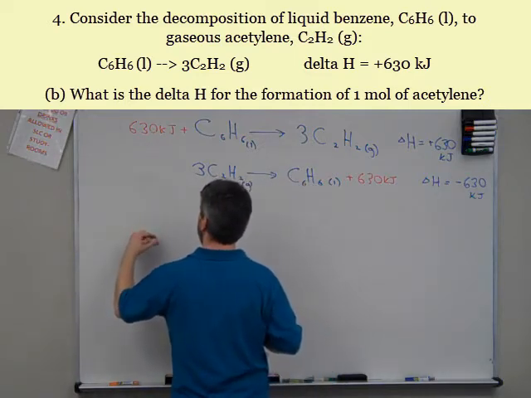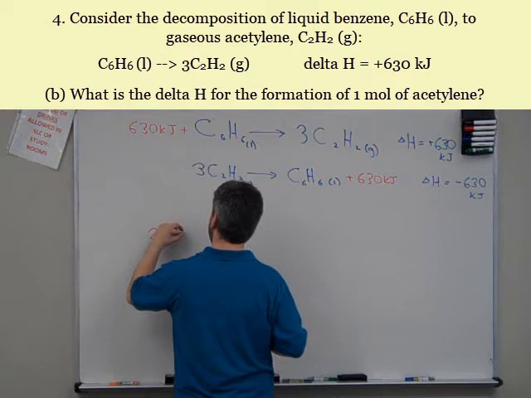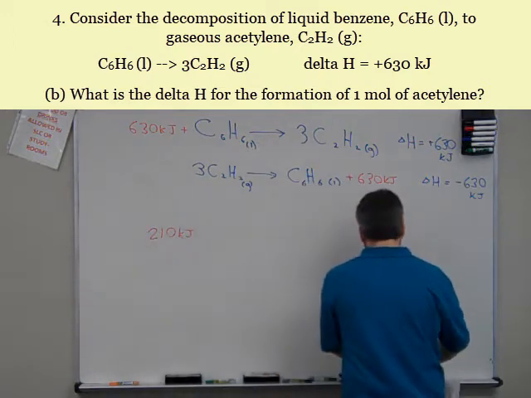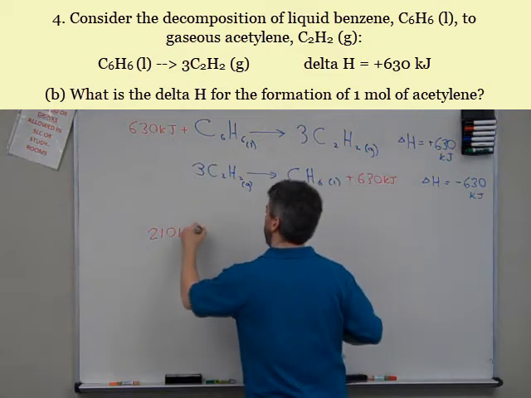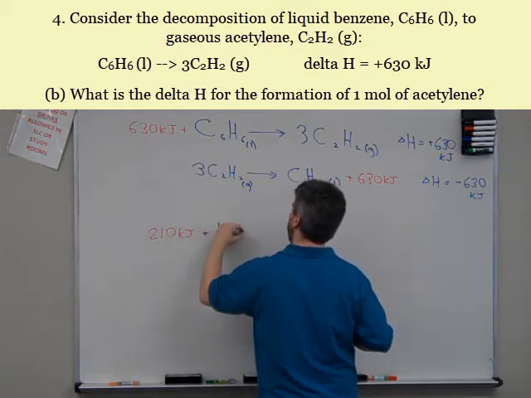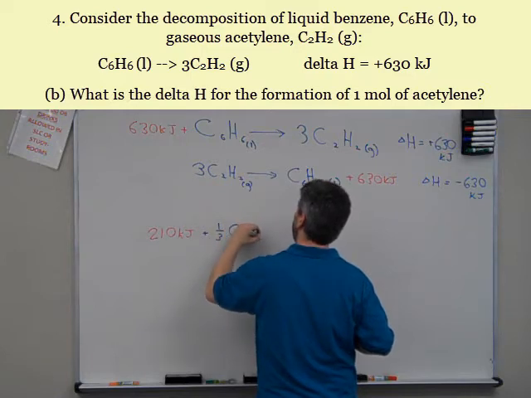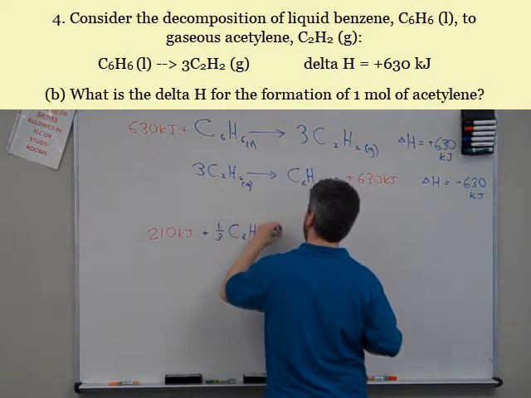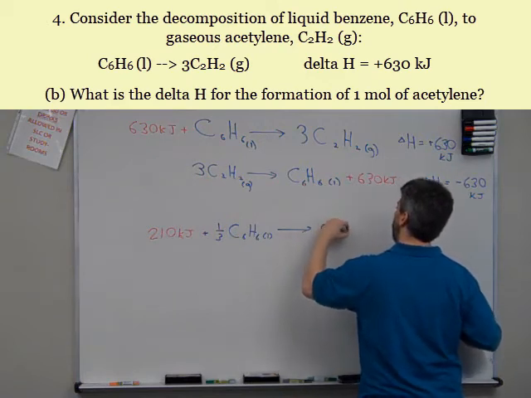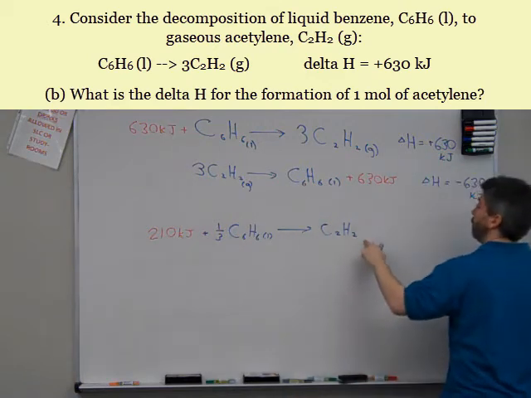So this becomes 210 kilojoules. And then plus, now dividing this by 3, this becomes 1/3 C6H6. And this becomes C2H2. There's only one of them.